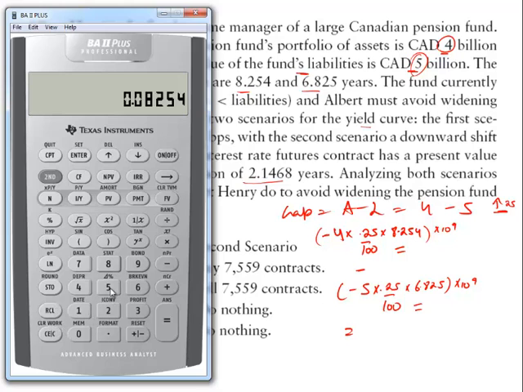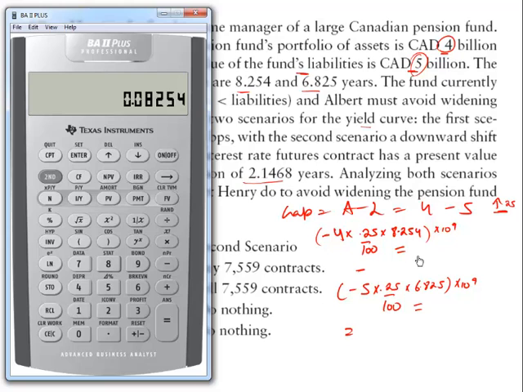That will come out to be 5 into 0.25 into 6.825 divided by 100. So this change comes out to be 0.08531. We'll store it in the memory register 2.